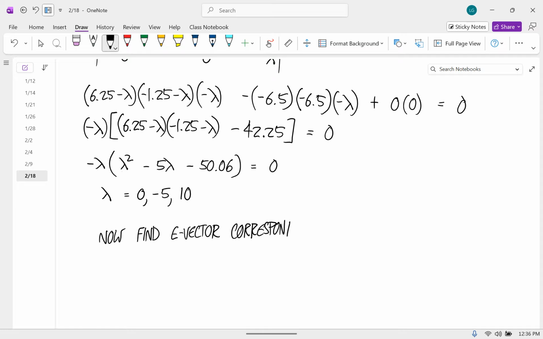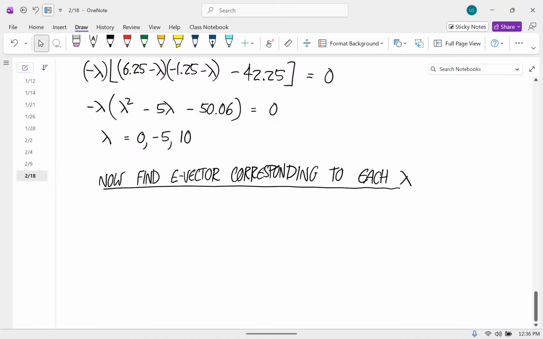So now we're going to find the eigenvectors corresponding to each lambda. So first I'll do it for lambda equals 0.